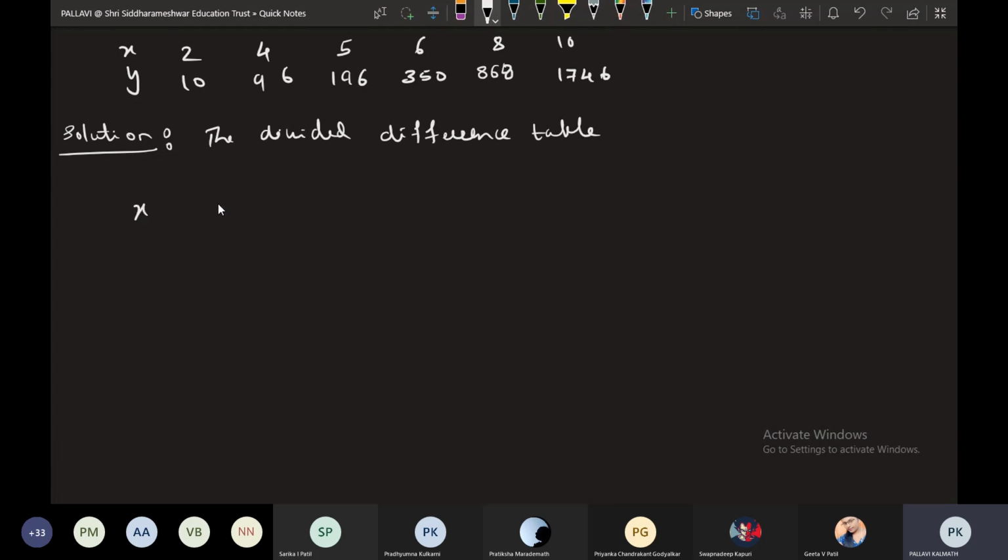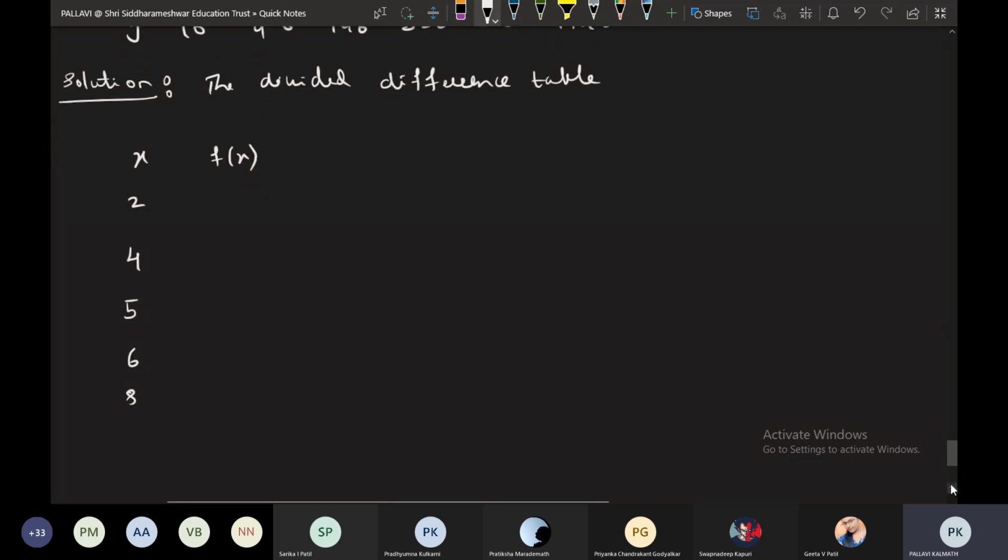Therefore, x, f of x. What are the values for x? 2, 4, 5, 6, 8. In the question, it is not mentioned whether Newton's interpolation forward, backward or Newton's divided. What are you going to apply?